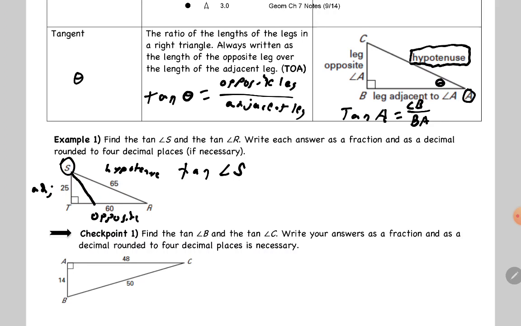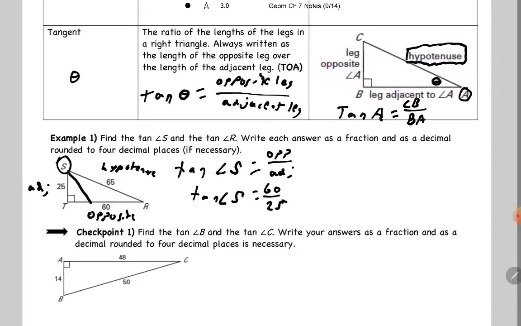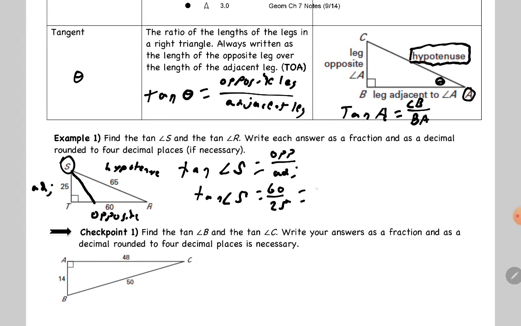And my adjacent side would be the last remaining one, which is 25. So tangent of S is equal to opposite over adjacent, which is 60 over 25. This will reduce to 12 over 5.